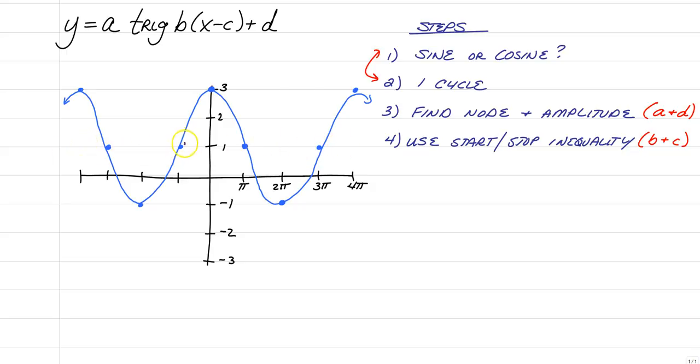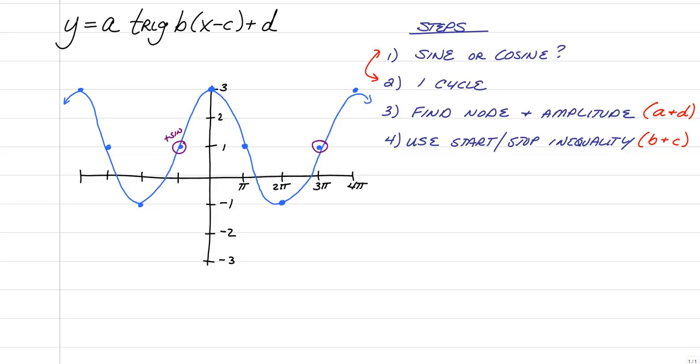So we could start here and get a positive sine because it goes up, or we can start here and do a negative sine. It really doesn't matter which one you want to do. So I am just going to show you a positive sine for now to keep the first example easy. So if we start here, we are going to stop here because that's one complete cycle. After that, the graph starts to repeat itself.